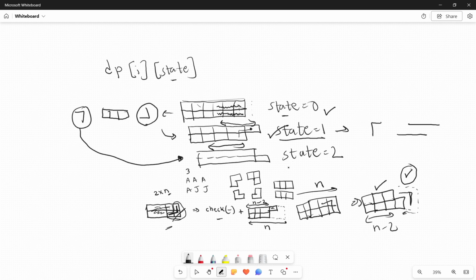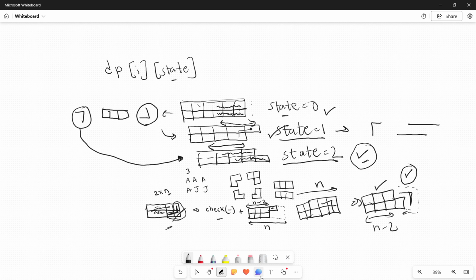So state 1 is also completed. For state 2, transitions are, he will select this or this horizontal 3 and then this horizontal 3. Okay, so this is basically the solution. We try to calculate this using DP.